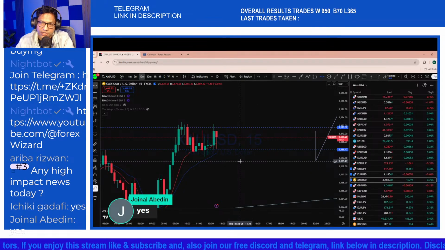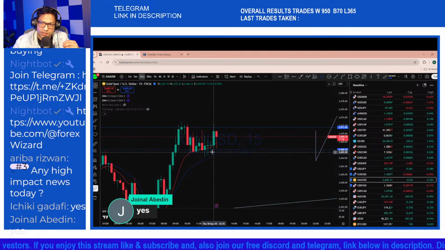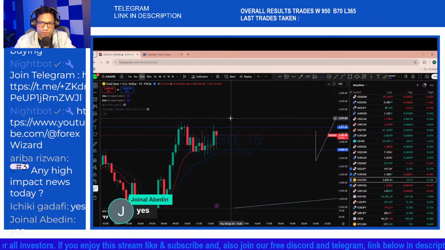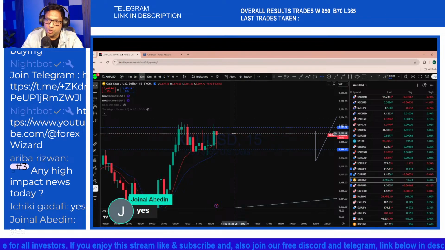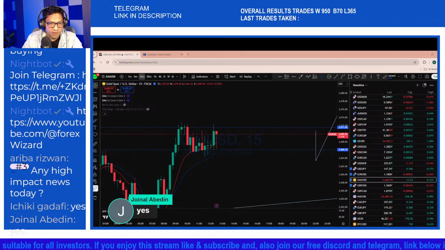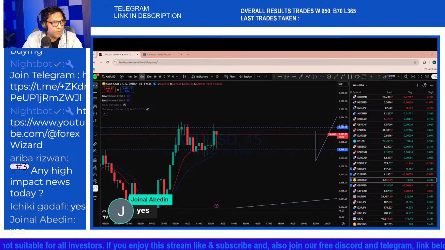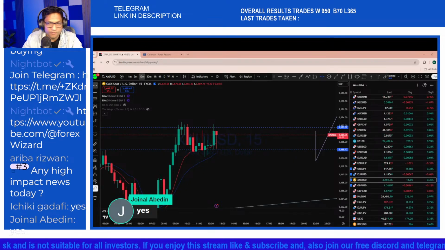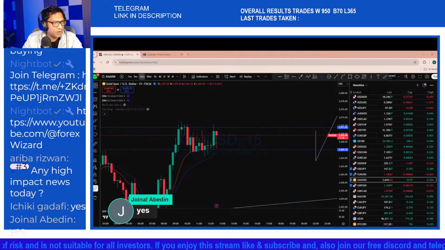Now, what we see, guys, is that the market tested the support and started to move back again in the major direction, as we discussed. So let's look at the spread at the moment. Has it become normal? It looks like the spread has settled. Okay.